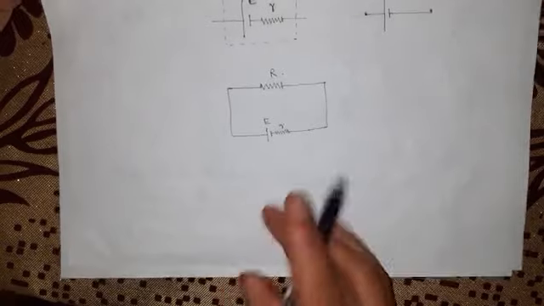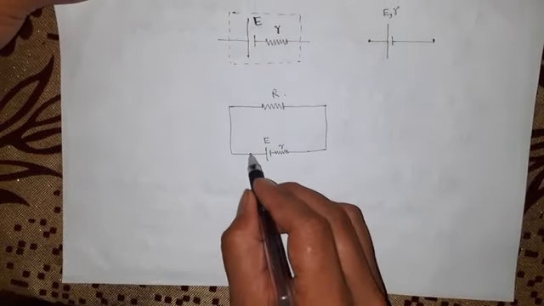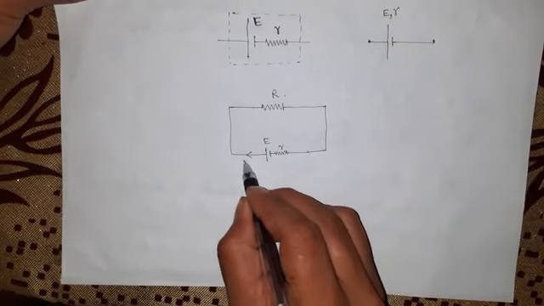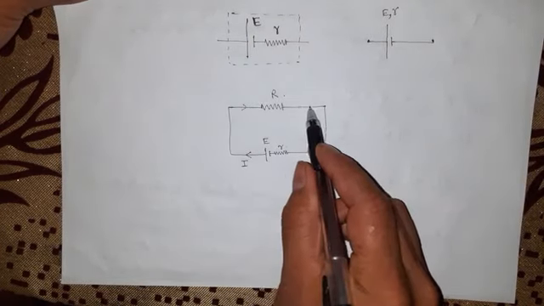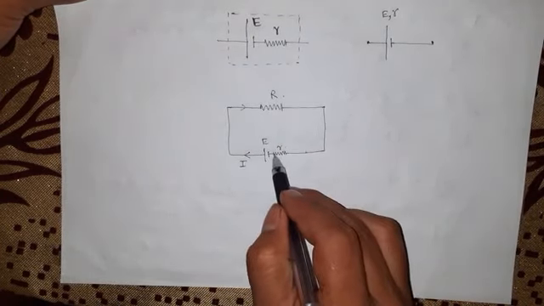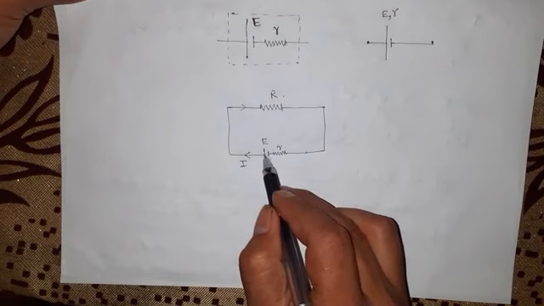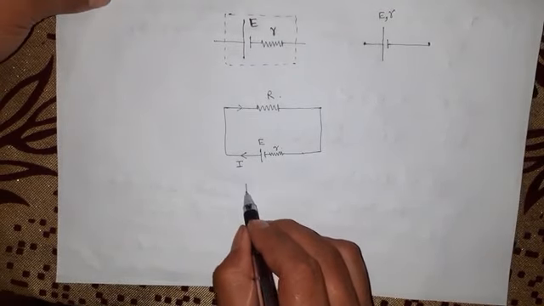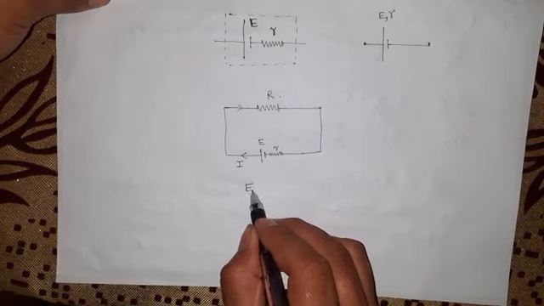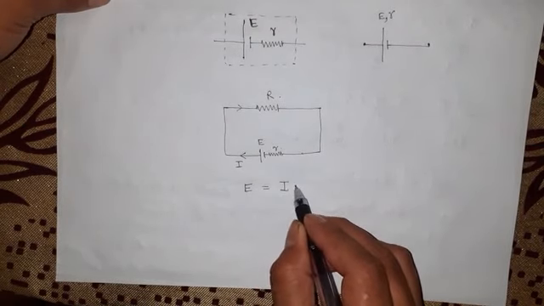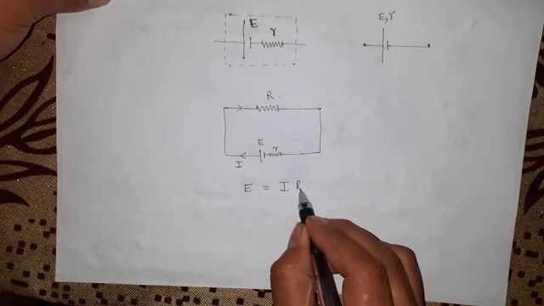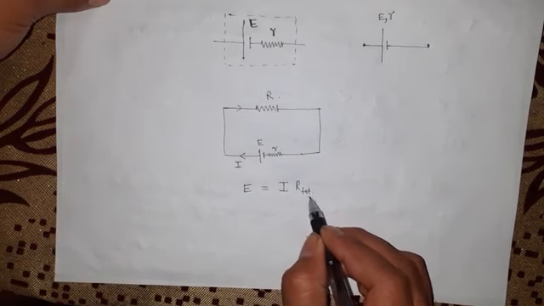Okay, so just to check over here, suppose that this is the total current which is coming out over here, so this current will pass from this external resistance as well as from internal resistance. Okay, so therefore how much is that total potential difference? So total potential difference is equal to that total current and total resistance of the circuit.